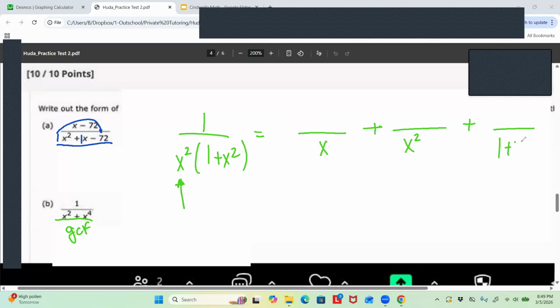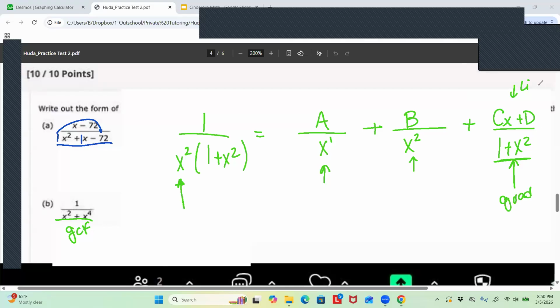And then we'll do this one. Okay, since this is linear, it's a 1, give it an A. And then the rule here is on the square by itself, give it a B. And then this one, since it's a 2-piece with a square, so it's a quadratic, give it a Cx plus D. So if this one's a quadratic, you give this one a linear.